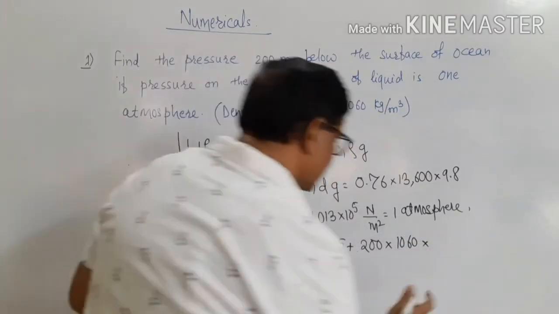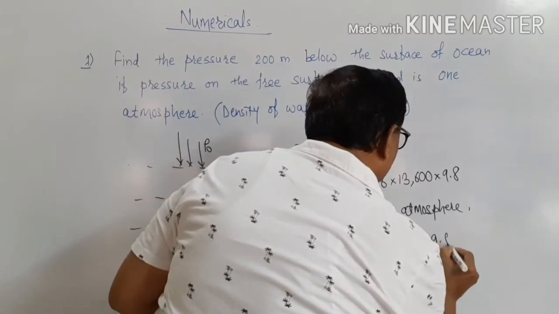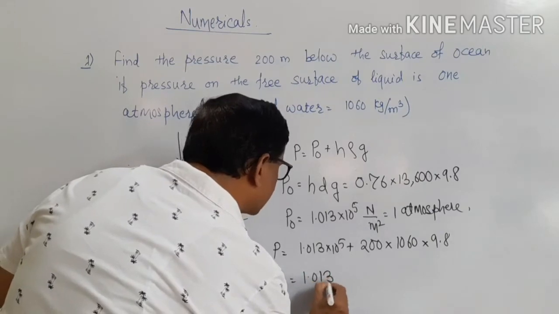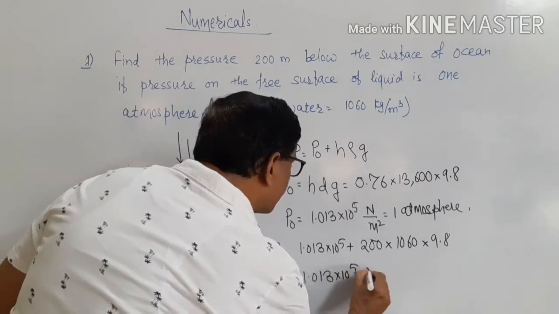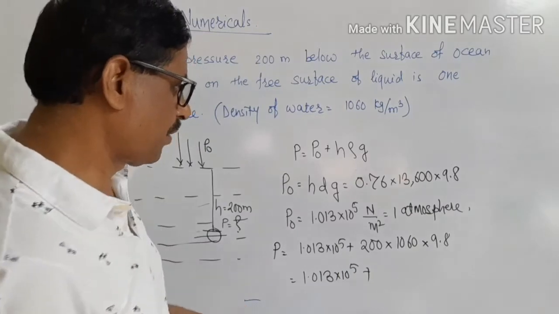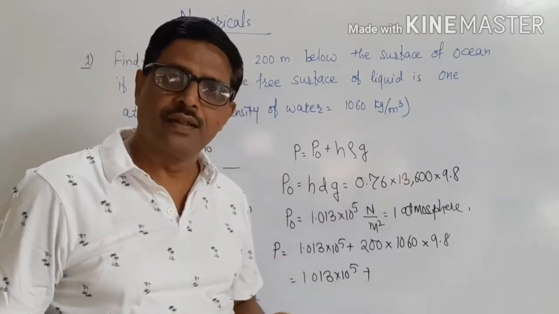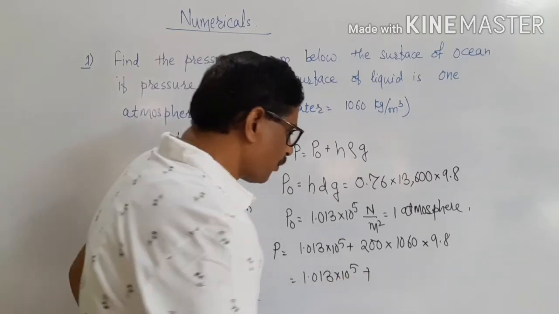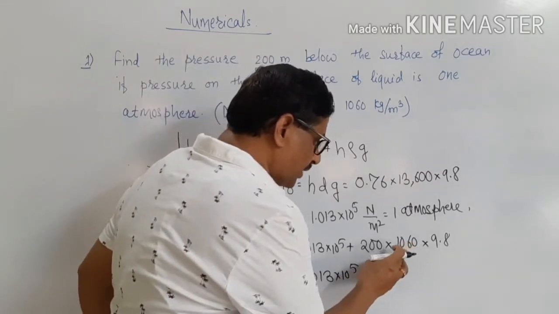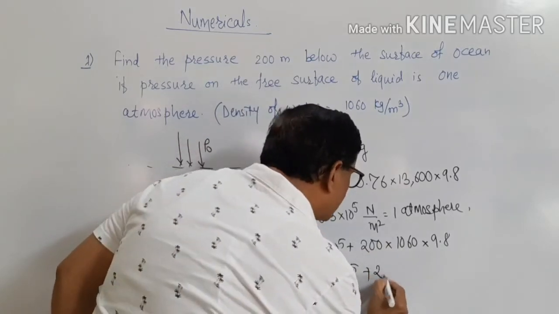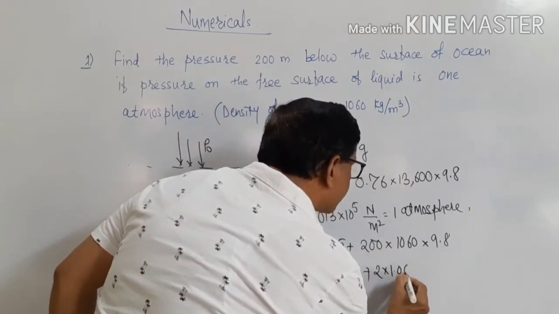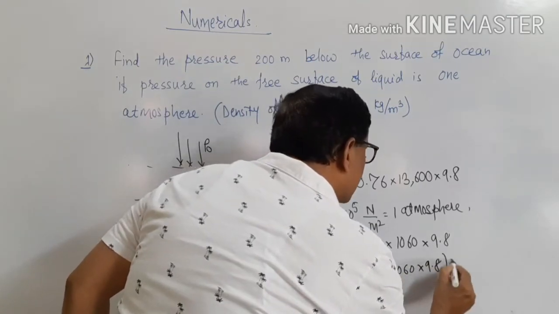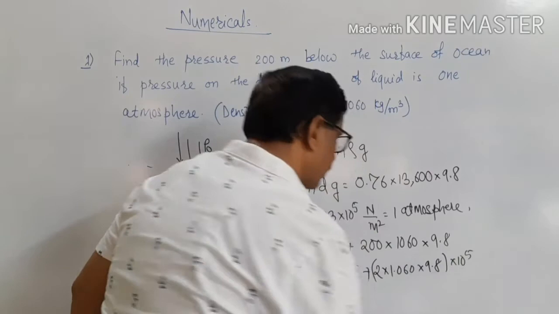As we know, acceleration due to gravity is 9.8. Therefore, I should write it as 1.013 into 10 to the power of 5 plus. What I should do here is that for the addition, again I need a 10 to the power 5 common. Therefore, I will take 3 from this one and 2 from this one, and it will be 2 into 1.060 into 9.8, and the total into 10 to the power of 5.